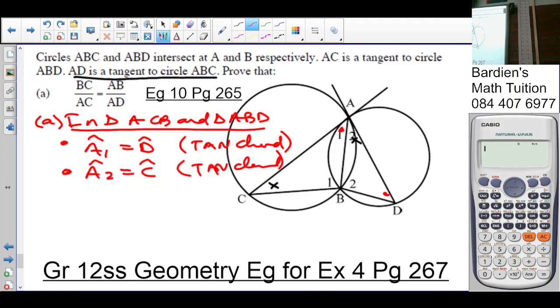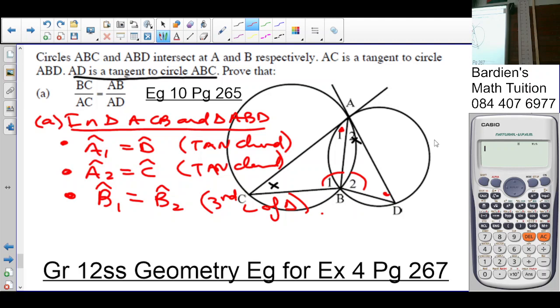Tan chord. Right. Now we need one more. The third one is B1 is equal to angle B2. Why? It's the third angle of the triangle. People, is that enough to conclude similarity? Yes. We proved 3 angles are equal.